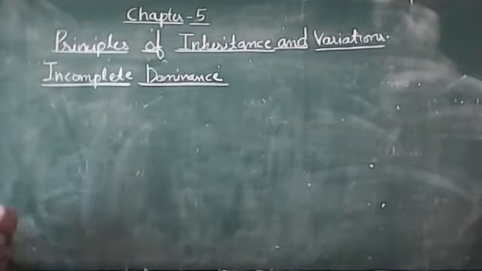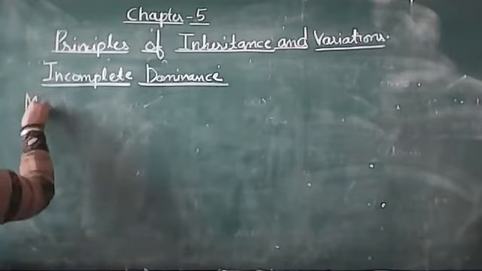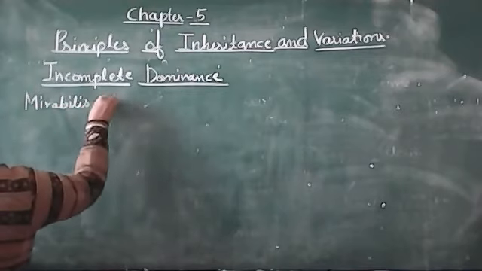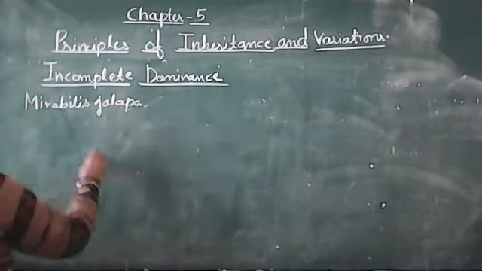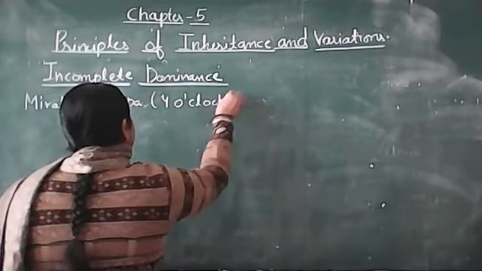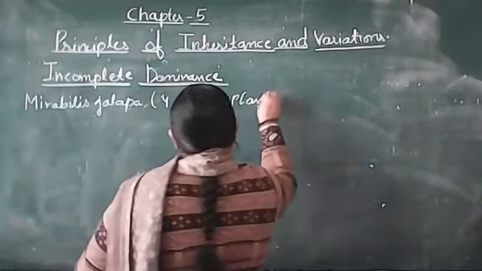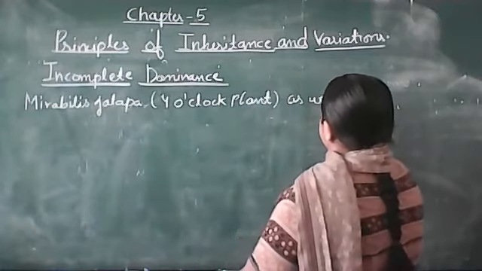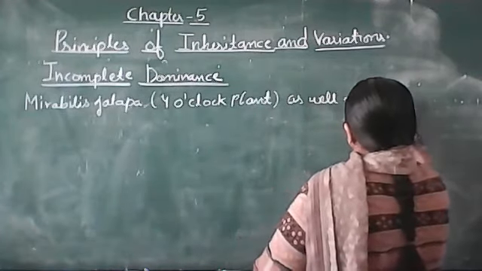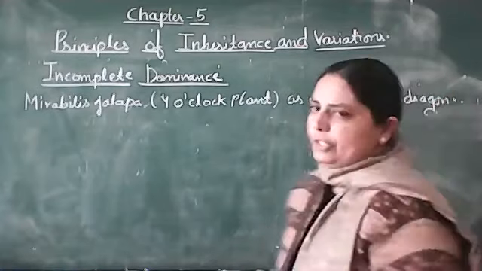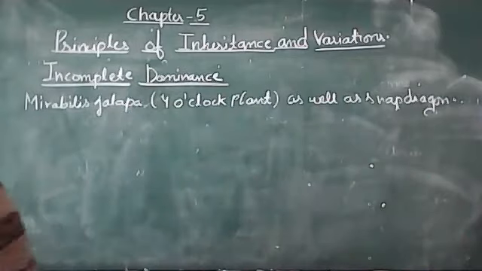As we have a plant known as Mirabilis jalapa, or you can say its other name is the four o'clock plant. In this plant, as well as in snapdragon, what you observe is that we have two types of flower color visible to us.